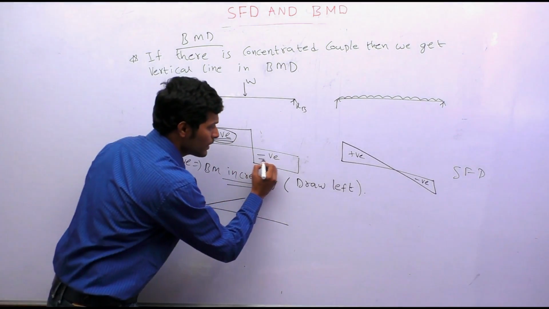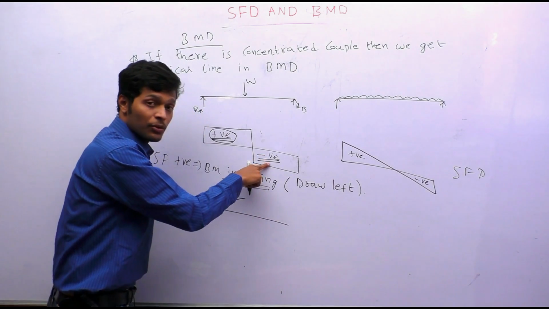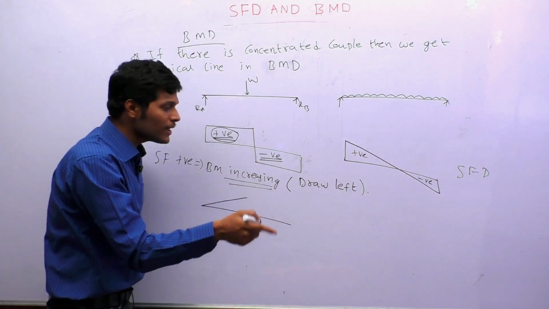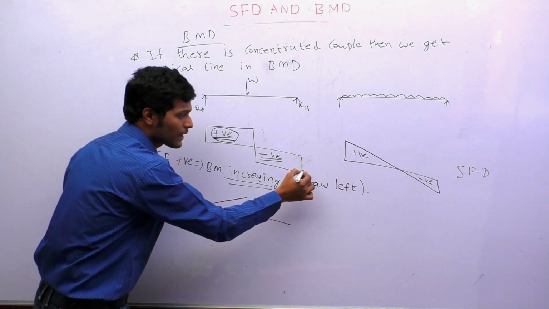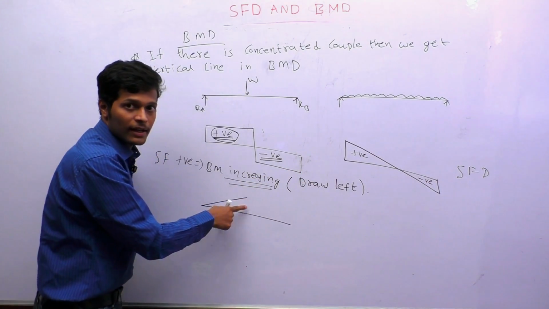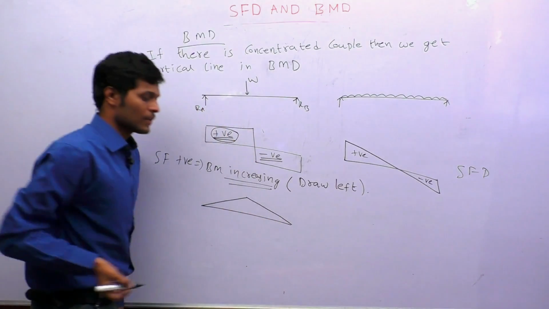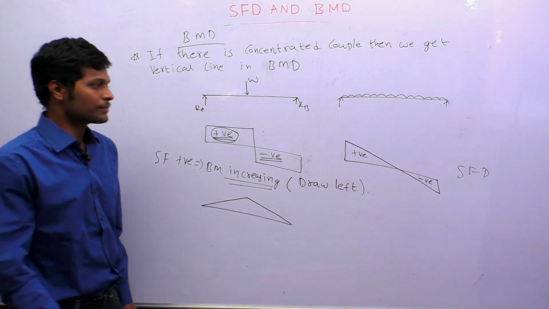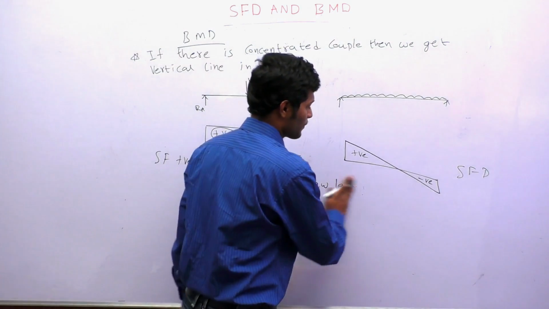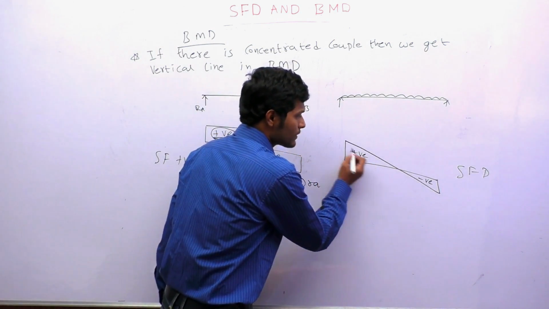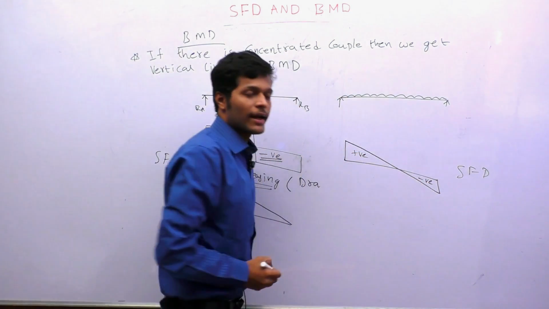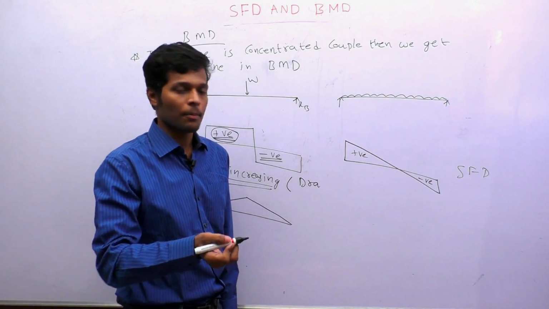Here the shear force is negative, which means a falling triangle, because there is a rectangle here. That's all, so this is your answer. Similarly we will see here: in shear force you have a triangle, so in bending moment you will have a parabola.